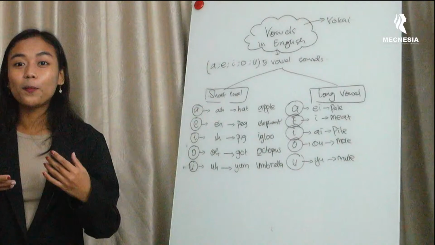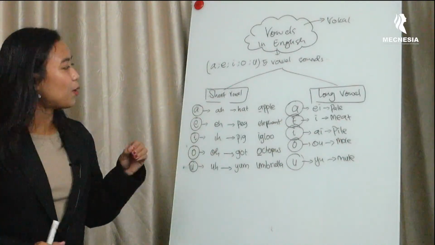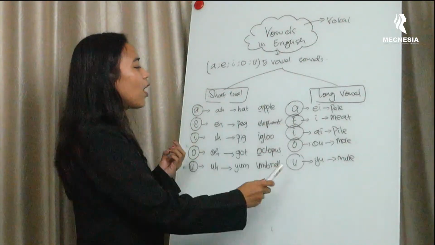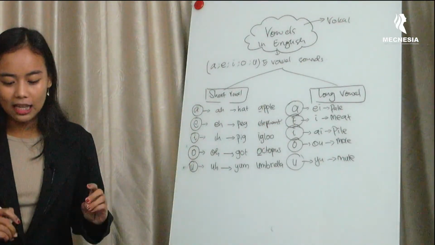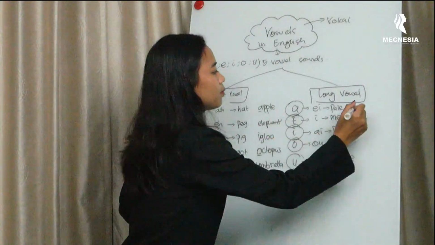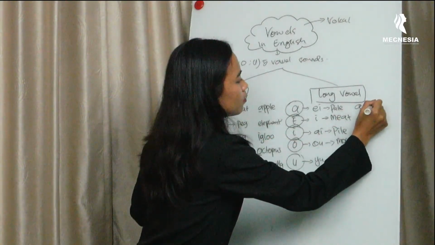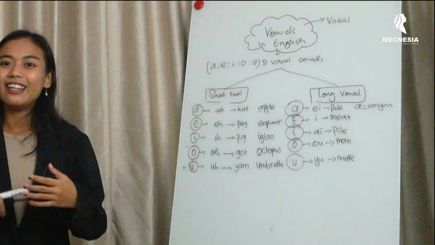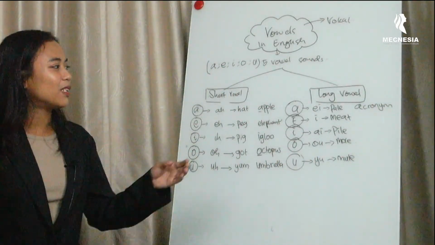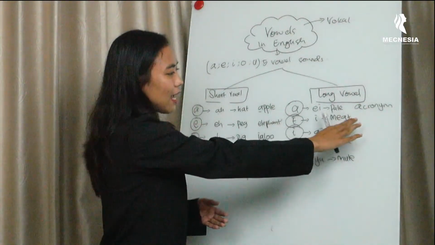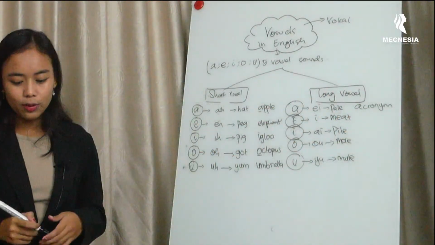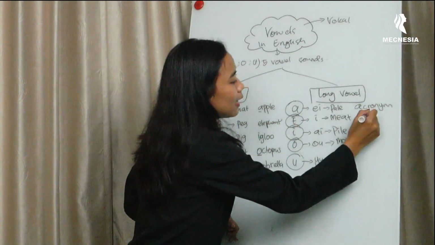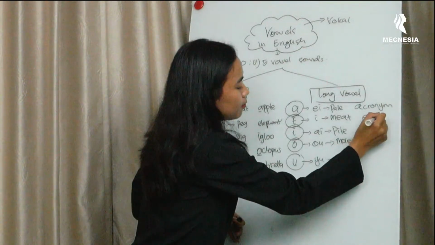One more time, mule. Okay, so to remember this sound, buat nginget bunyinya tiap-tiap huruf vokal ini, kalian bisa ingat dari kata acronym. Let's say it together. Acronym. Jadi huruf depannya dibaca A. The next one is E. You can remember it by remembering eagle.